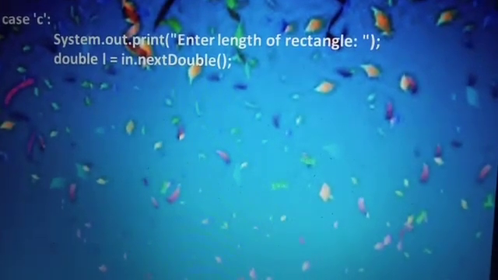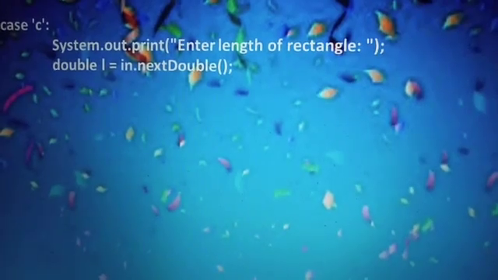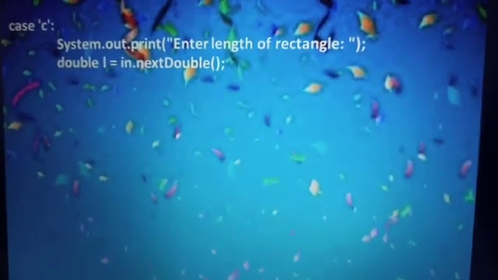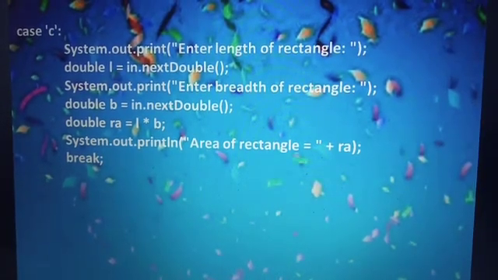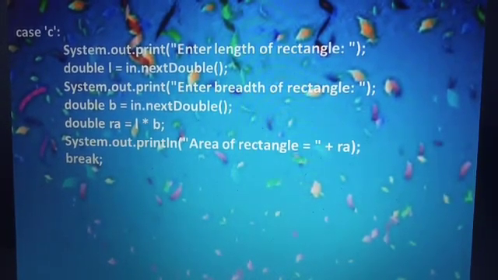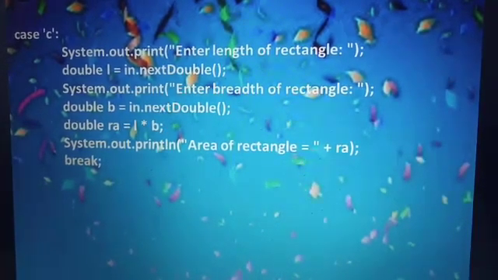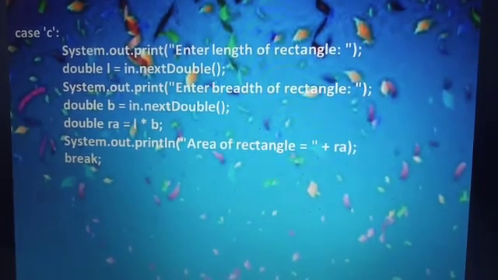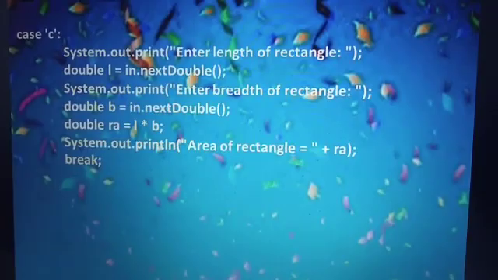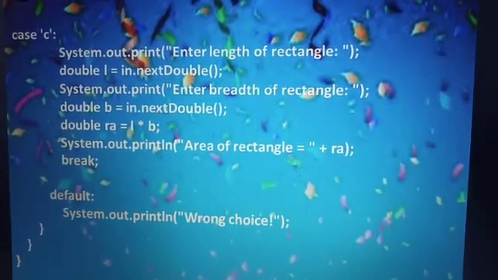Next one, case C, system.out.print, enter length of a rectangle, double L is equal to in dot next double, then system.out.print, enter breadth of a rectangle, double B equal to in dot next double, then double RA equal to L into B. Then what have to print? RA. Then break it. Then default system.out.println wrong choice.